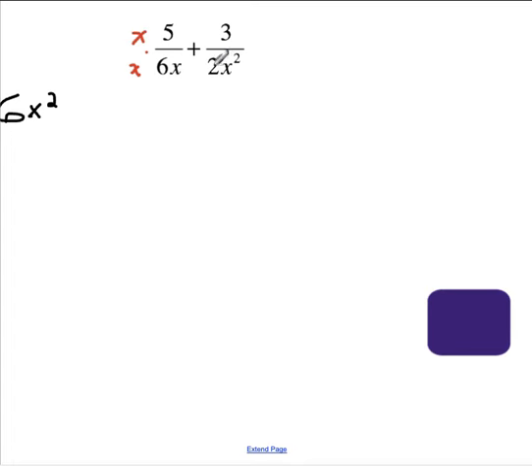And what do I multiply 2x squared by to get 6x squared? And the answer is 3. So I multiply the numerator and the denominator by 3. When I do that, the numerator here becomes 5x over 6x squared plus, over here the numerator becomes 9 over 6x squared.